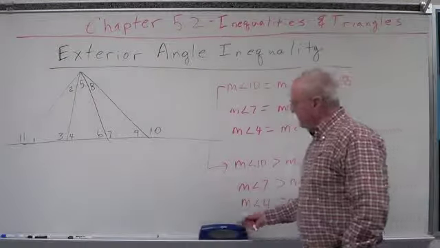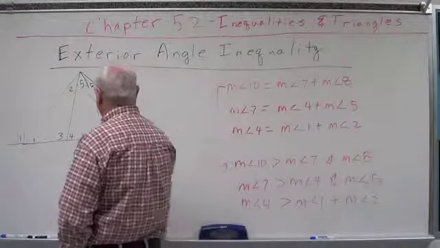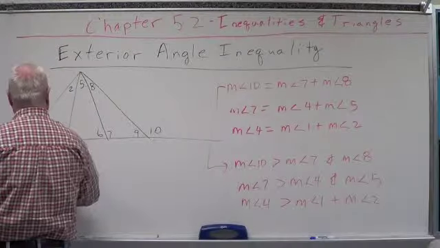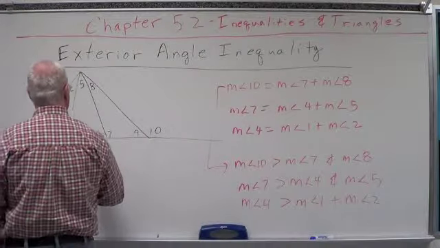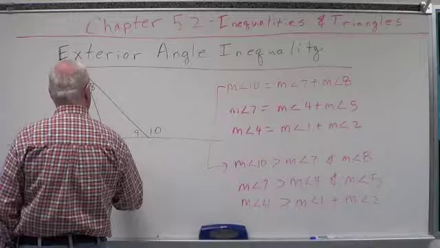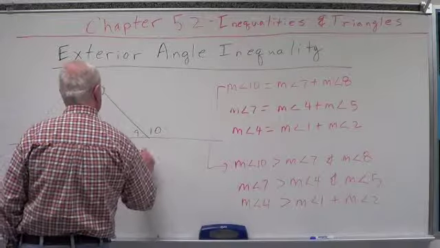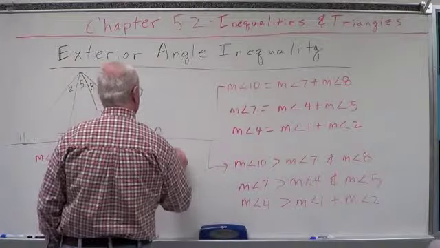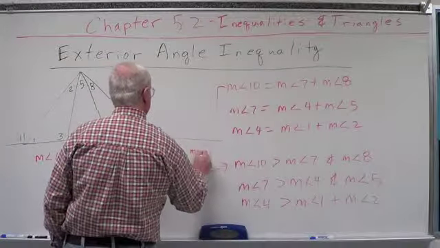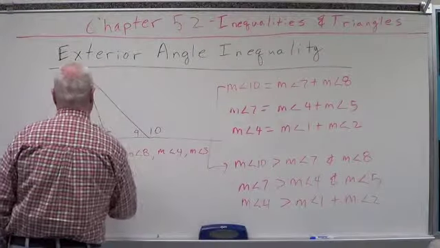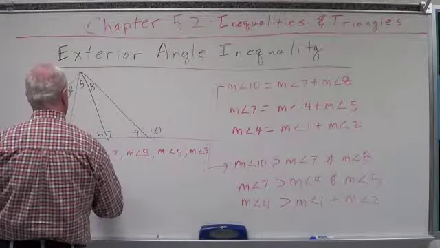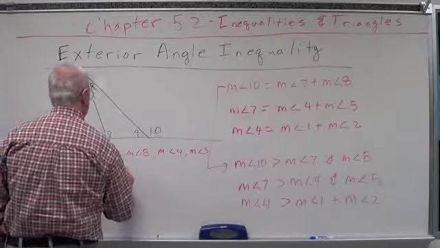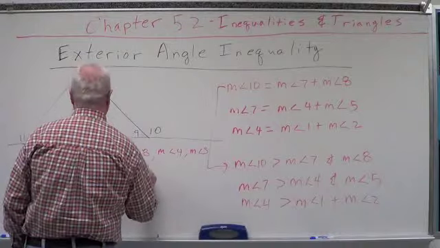So simply from here we can say the measure of angle 10 is greater than the measures of angle 7 and angle 8, angle 4, angle 5, angle 1, and angle 2.